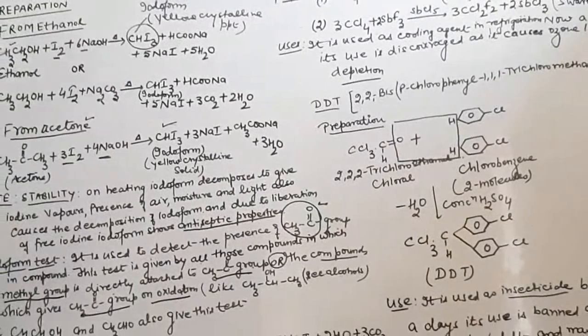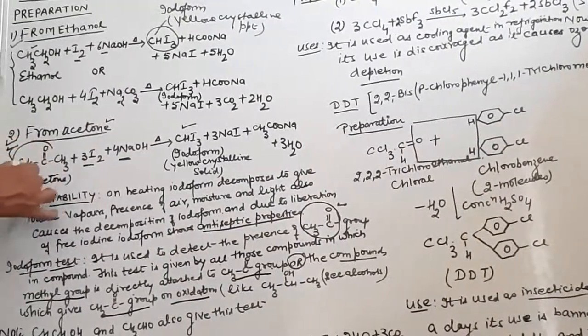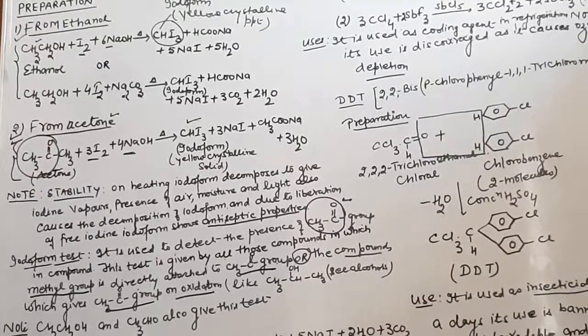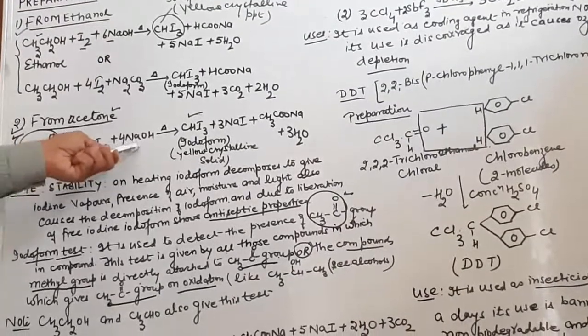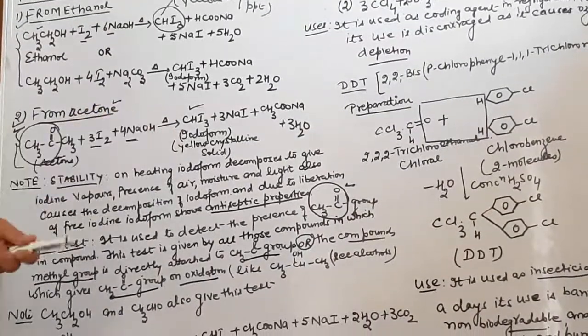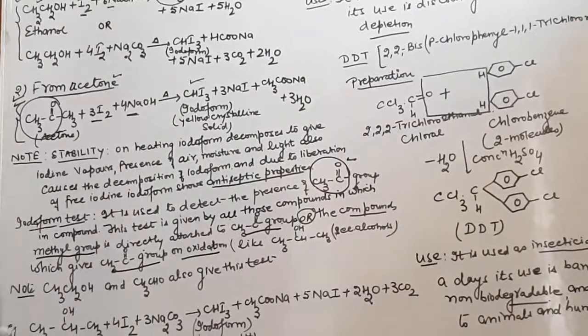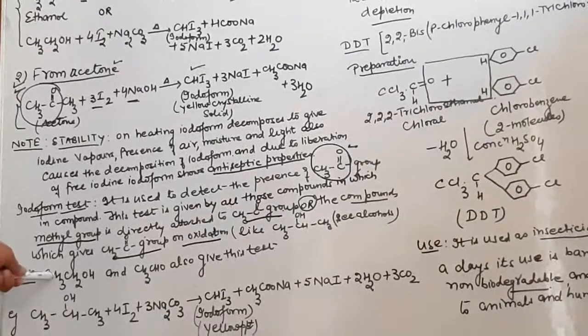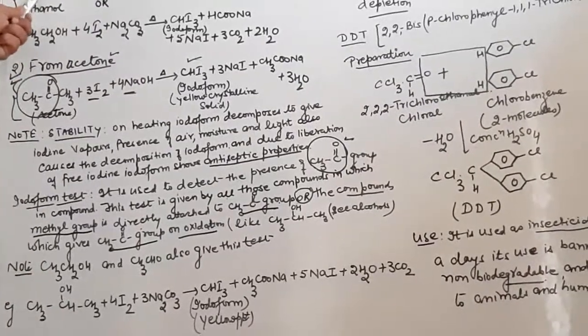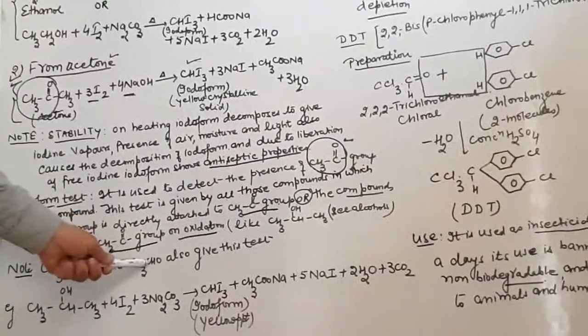In acetone, we have an aceto group. The aceto group, when combined with iodine and sodium hydroxide, will result in the formation of iodoform. So all secondary alcohols give this test. Amongst primary alcohols, ethyl alcohol and its oxidized product acetaldehyde.